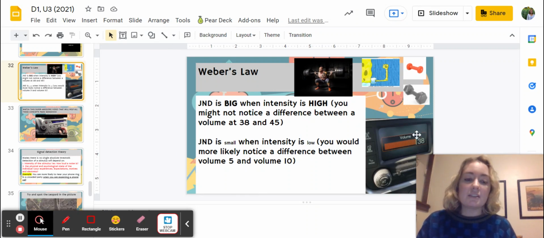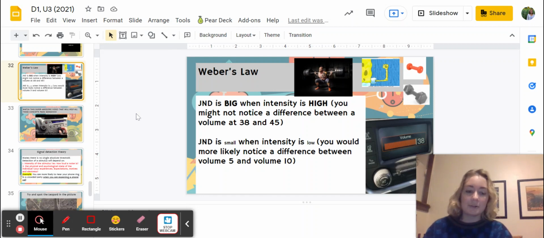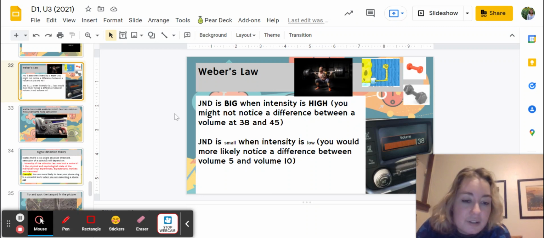Now let's do it with the example of listening to the radio. If the volume is already blaring loud, super loud, you're at 38, and then you go to a 45, you might not even notice that difference because it's already so loud. But think about if you start really soft at a 5 and then go up to 10, you're going to notice that difference pretty quickly, right?